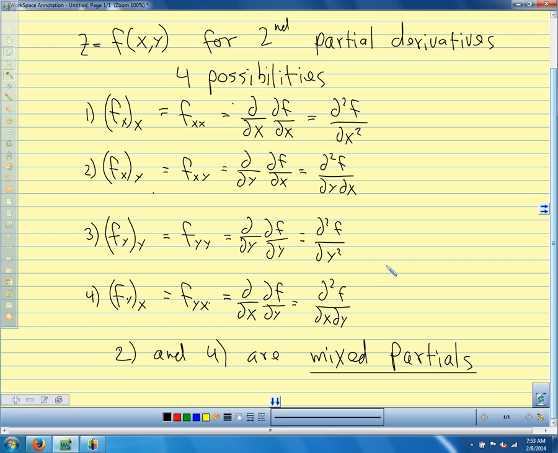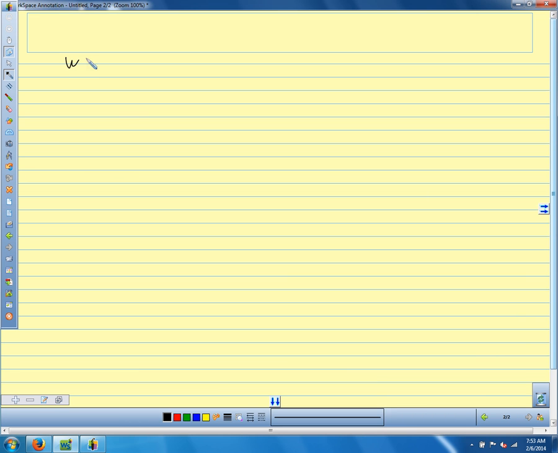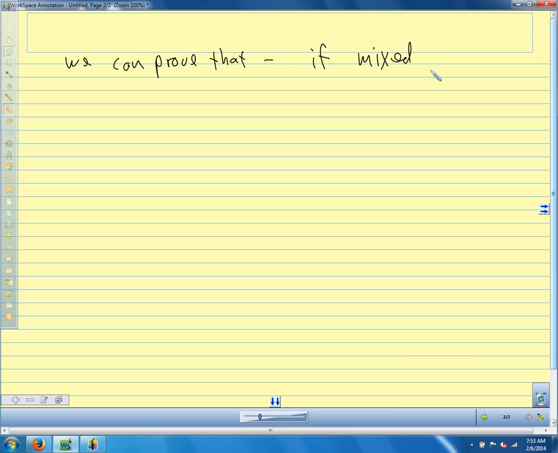In advanced calculus, we can prove that if our mixed partials are continuous, then they are equal.